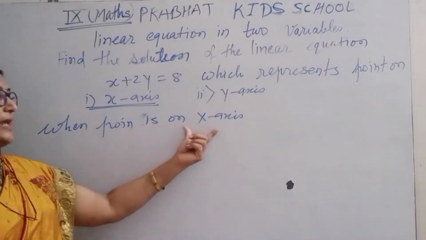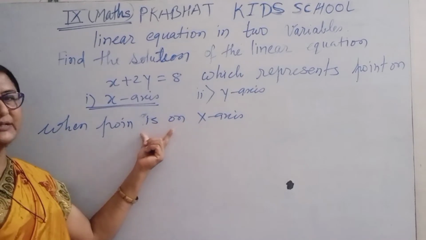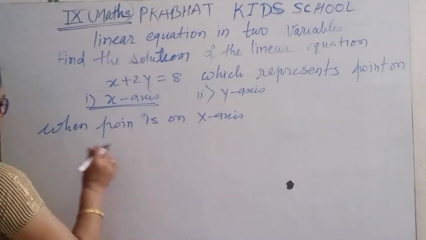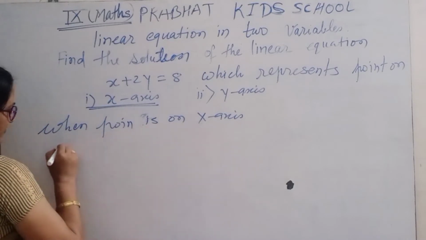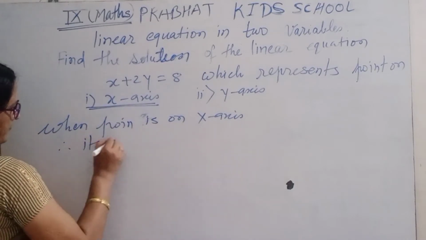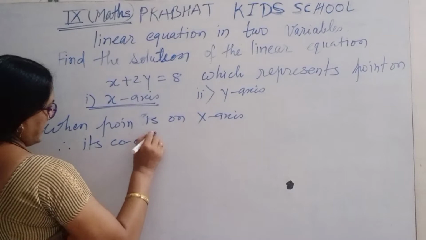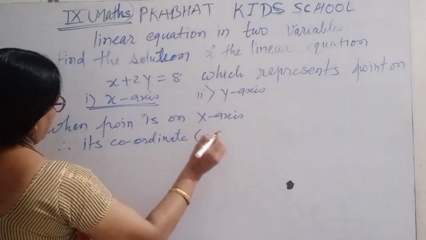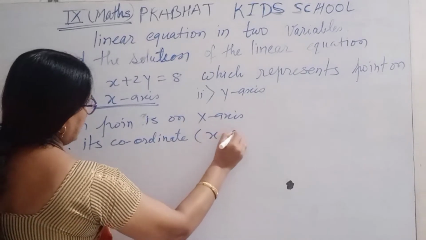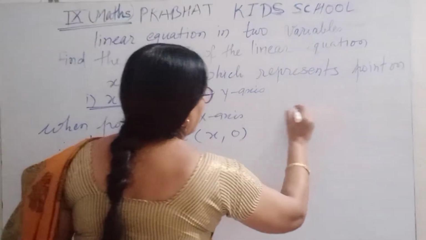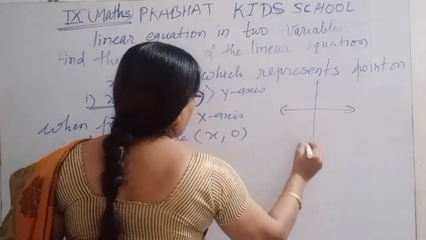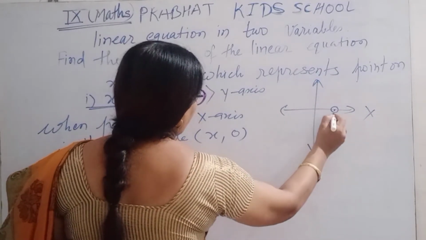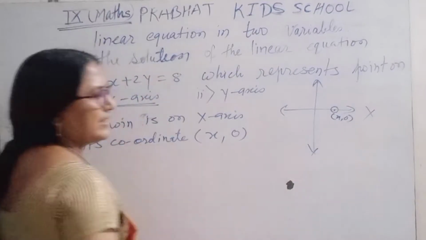If point is on x-axis, means x coordinate is there but y coordinate is 0, isn't it? Its coordinate is x, 0, because point lies on x-axis, means its y coordinate is 0.